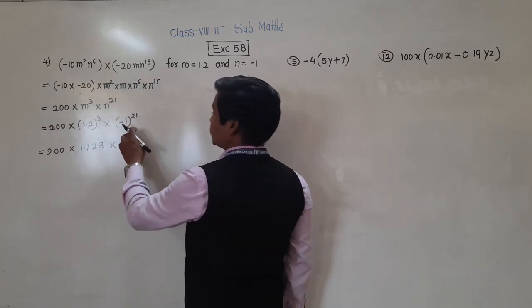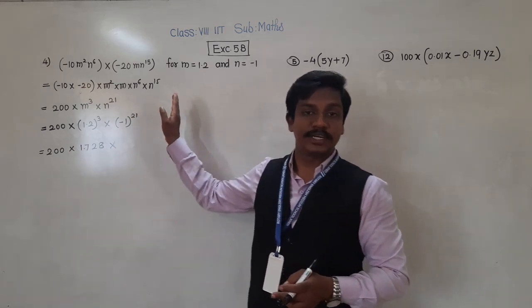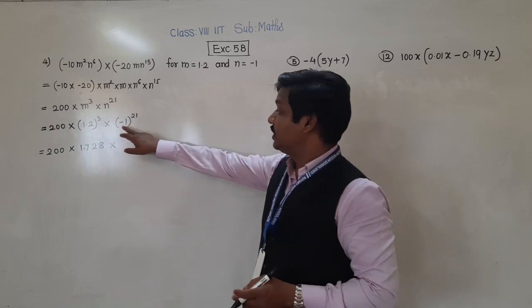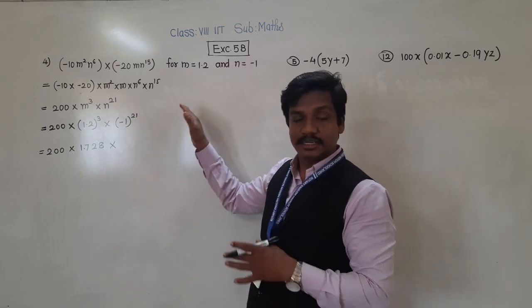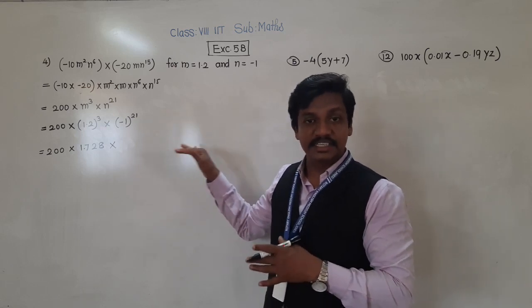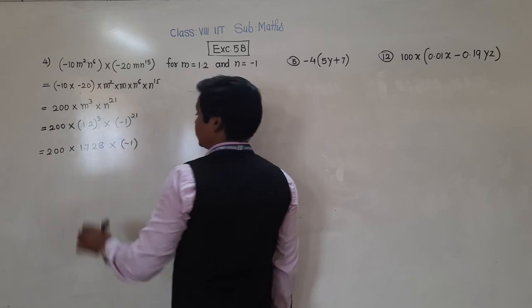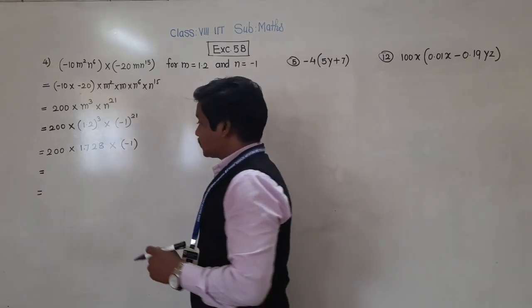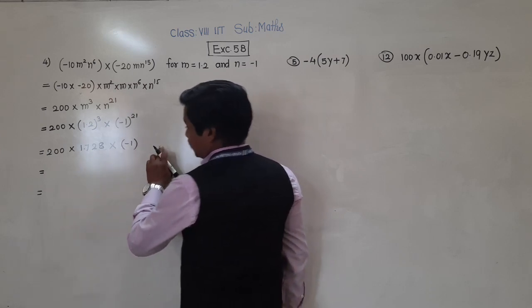Into minus 1 raised to 21. What will be the answer? Minus 1 raised to 21. See, when minus 1 has an odd number as the power, its value remains minus 1 itself. Okay. So see this: 200 into 1.728 into minus 1.